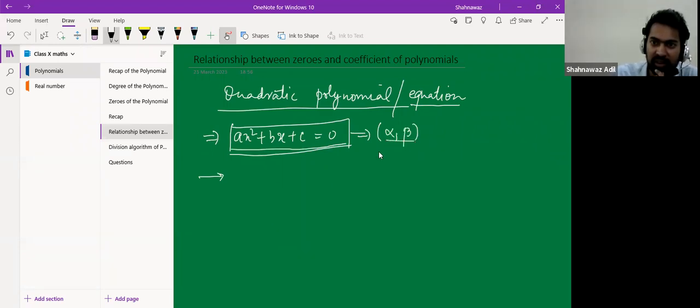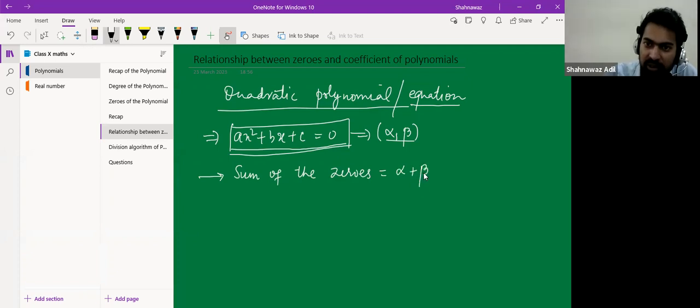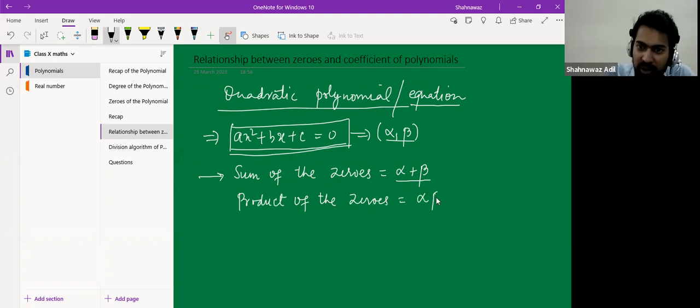So if you know the sum of the zeros, which is alpha plus beta, and the product of the zeros, it is alpha into beta.